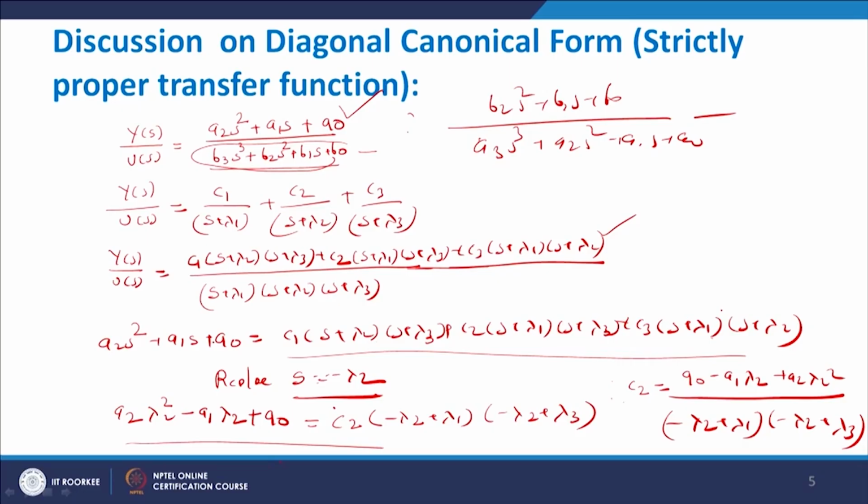How to get the value of C3? What is the best option here? Just like we replaced S equals to minus lambda 2, we can replace S equals to minus lambda 3.